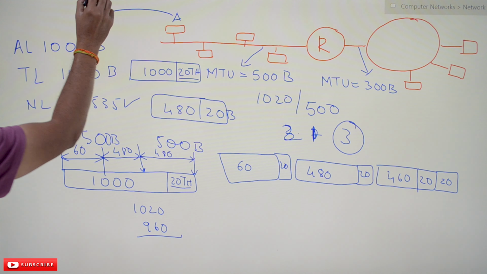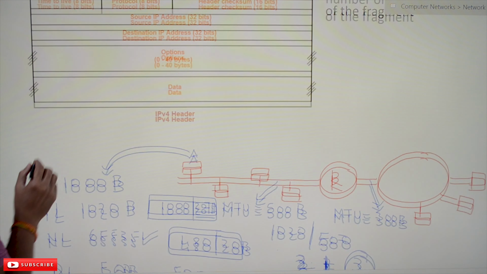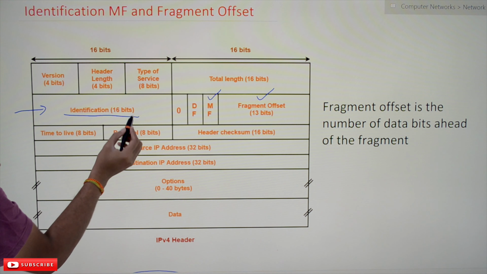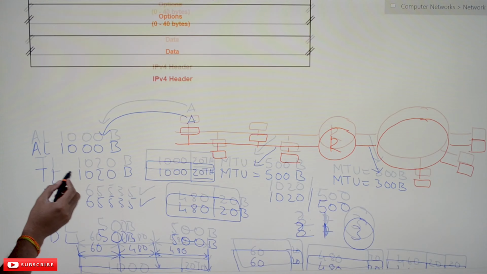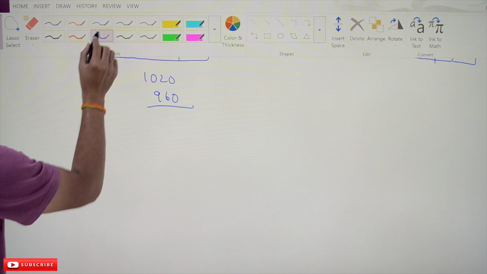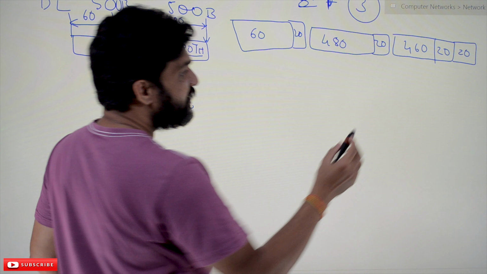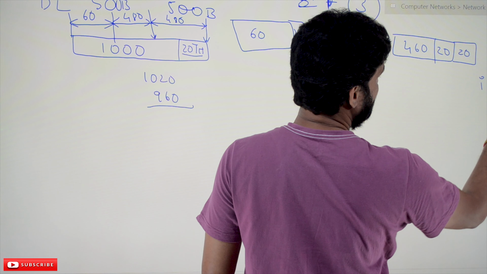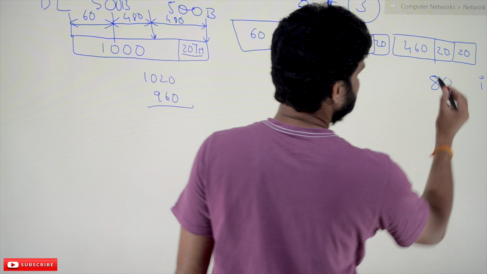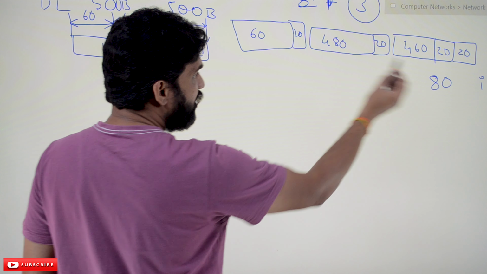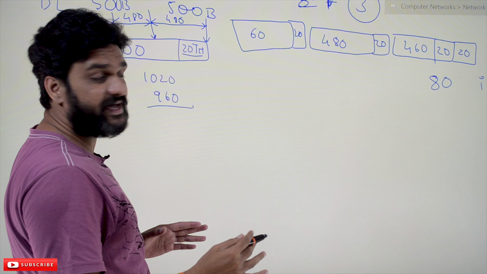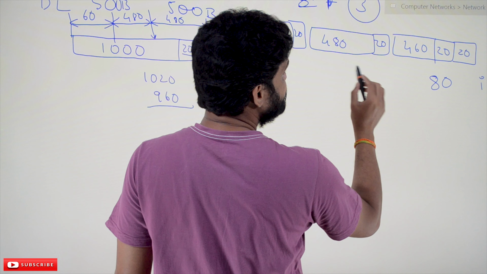See here, in the network header fields, the identification field has 16 bits. Each fragment that we have divided the entire packet into is given an ID. Let's assume that the ID is 80. All the fragments of the same packet will be provided with the same ID.